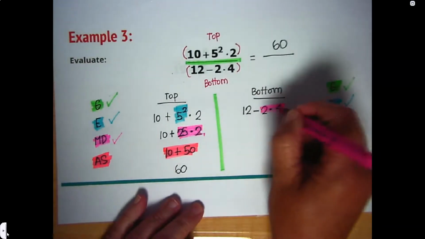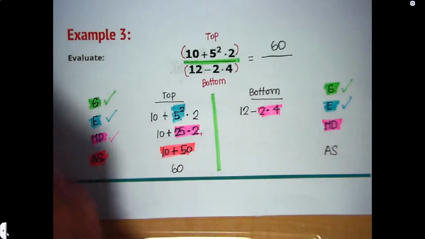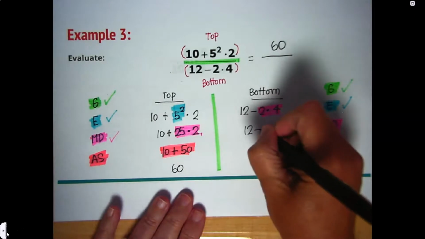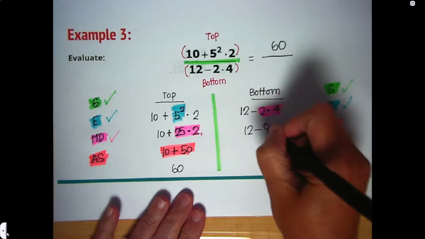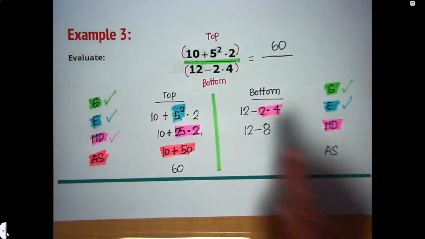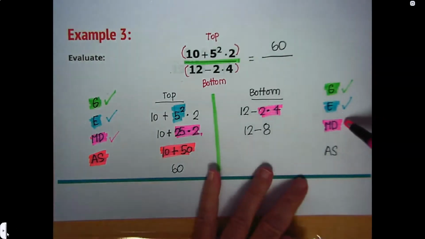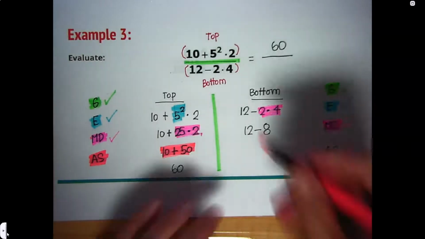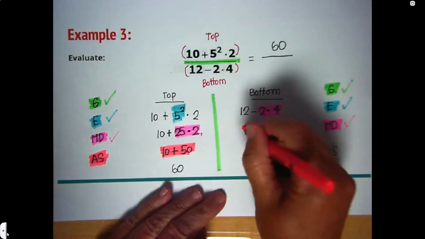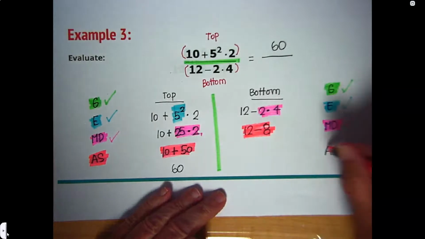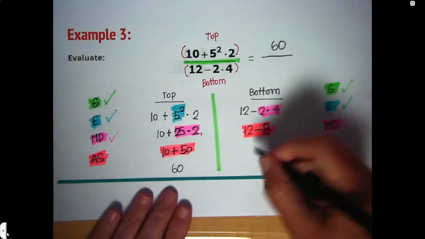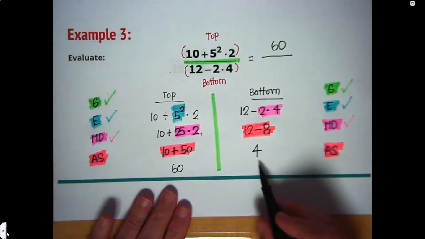I see a multiplication, so that's what I'm going to do. So working left to right, I have 12 minus 2 times 4 is 8. 12 minus 8. No more multiplying or dividing in that, so I'm going to check that off. And now again, I'm down to that last step. 12 minus 8, adding or subtracting. And 12 minus 8 is 4. So the answer for just the bottom is 4.